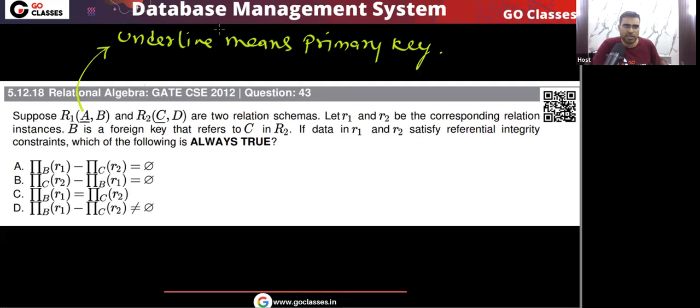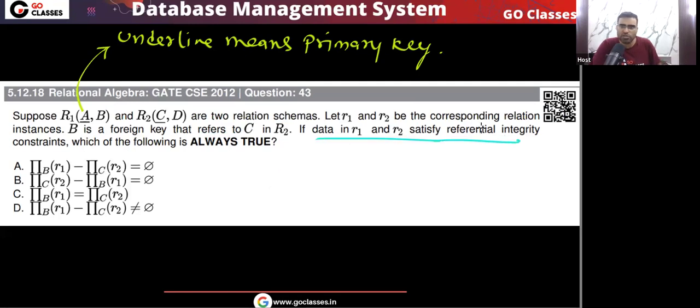So this table R1 has primary key A. This table R2 has primary key C. These are the two relation schemas. R1, R2, these are the instances you can see. B is a foreign key that refers to C in R2.